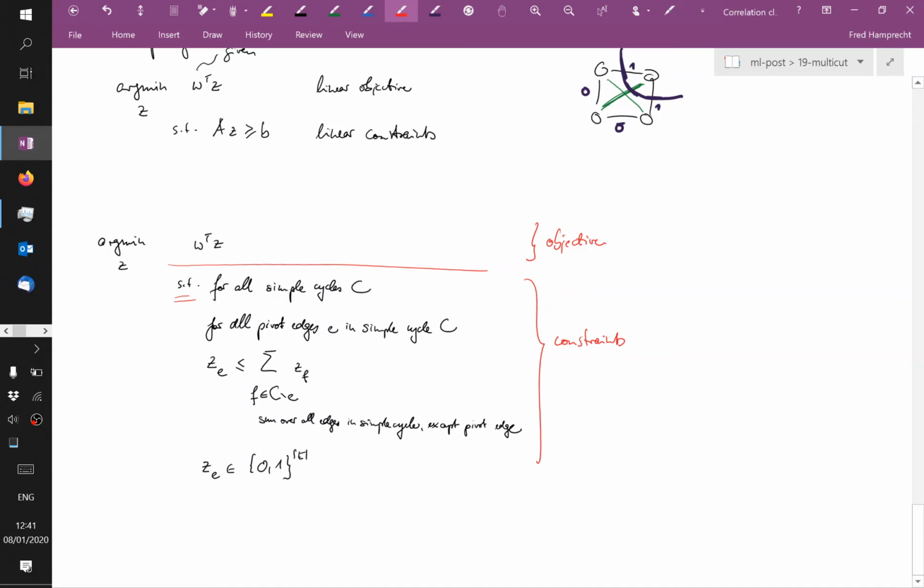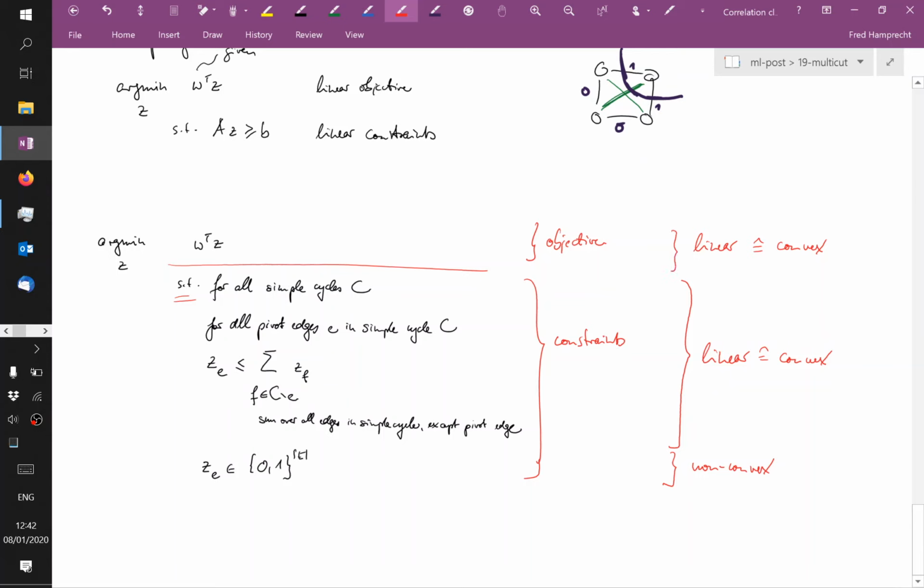Here, in fact, we have a linear objective, and we have linear constraints, except for the last one. This here, unfortunately, is a non-convex thing. So a linear objective is convex, linear constraints are convex, and unfortunately the last line is what makes the entire problem non-convex.